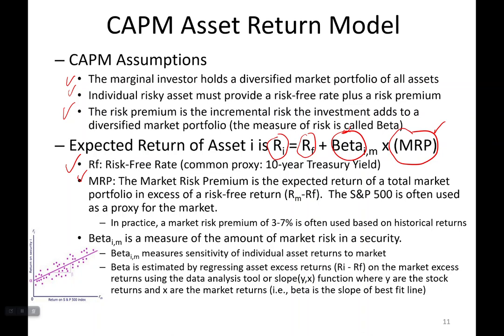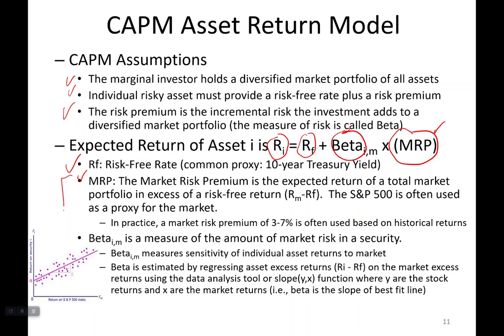So you can say the market risk premium was 5, or if on average the stock market return has been 12 and treasuries have been 5, you can say the average market risk premium has been 7. So the market risk premium is the extra return that the stock market returns over the risk-free rate of return. And we'll call that the return on the market. So we'll use the S&P 500 as the return of the market, or the market proxy.